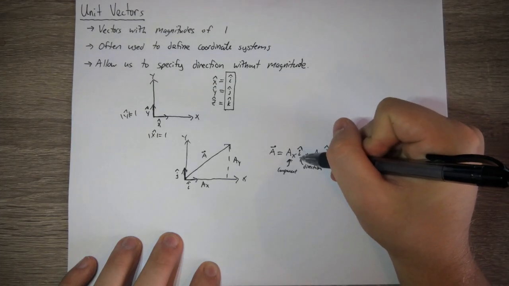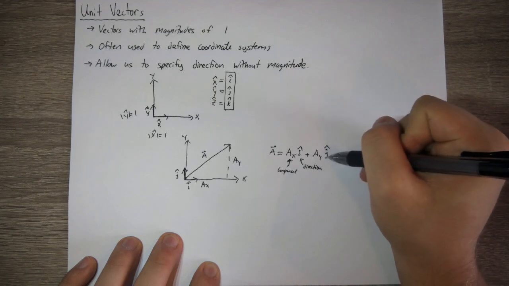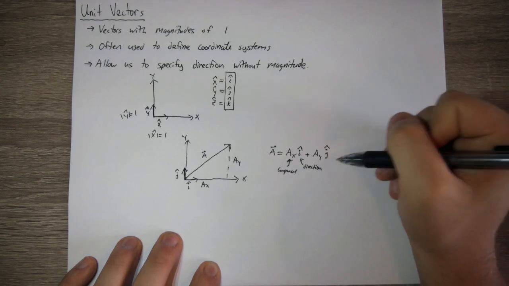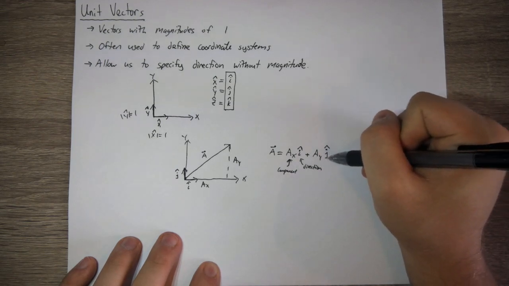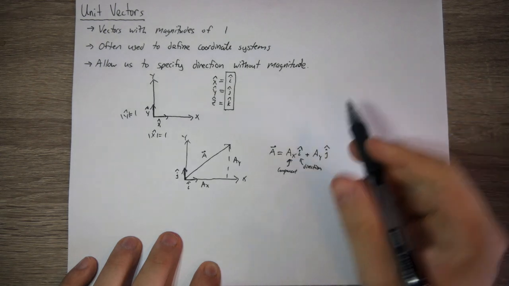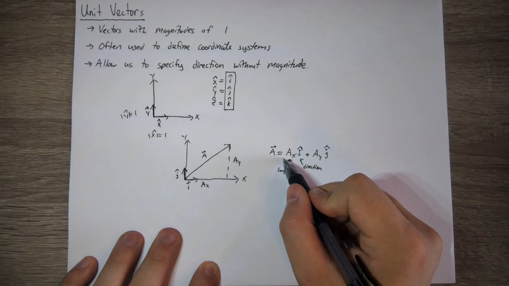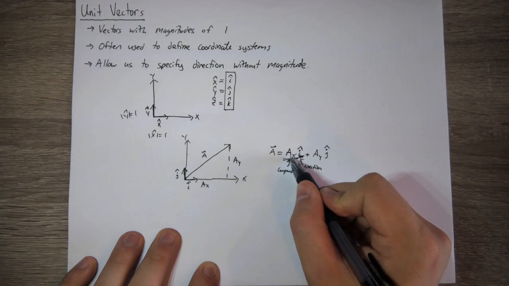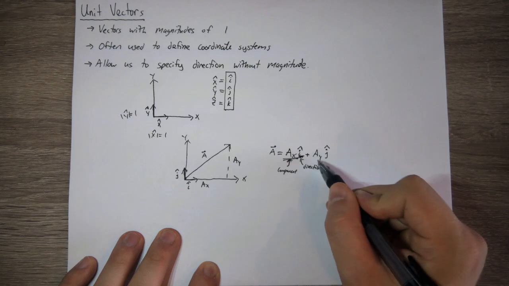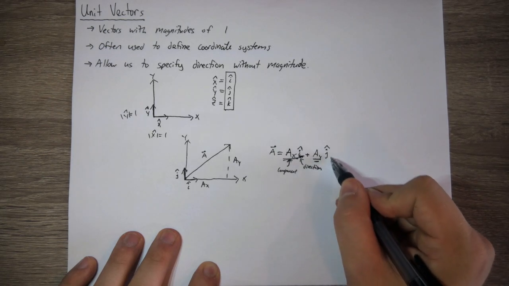And since these have a magnitude of 1, and they're also unitless, they have no units, so they only specify the direction of where we're going. So if I read this out in words, we're going ax units to the right. So we have our ax and we have our direction, and then we're going ay units up.